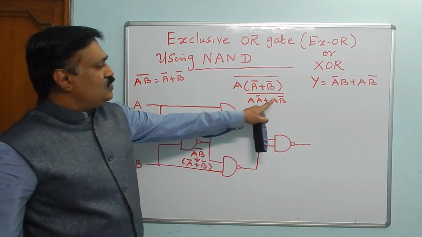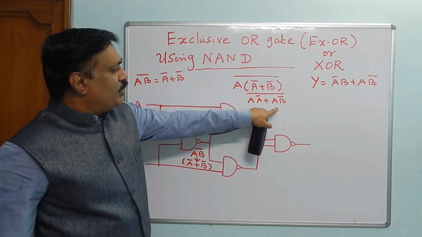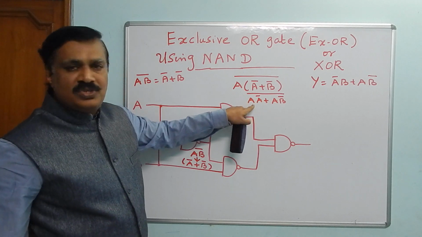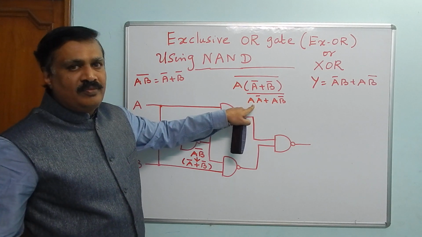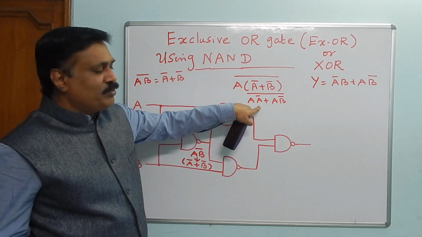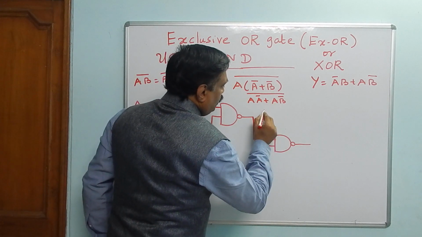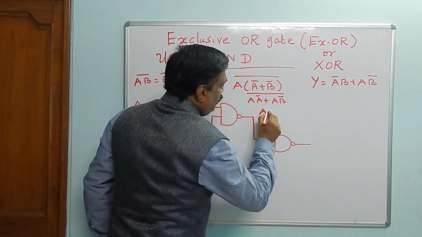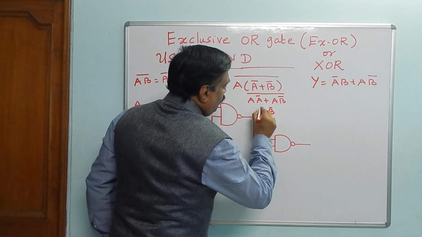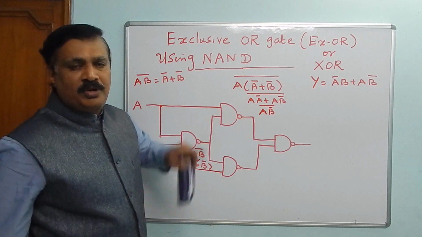If you multiply this, A bar and A B bar. Now A bar is 0 according to Boolean algebra, because 1 complement means 0, therefore it becomes 0. Therefore you are getting this only, that means A B bar complement. You are getting A B bar complement.